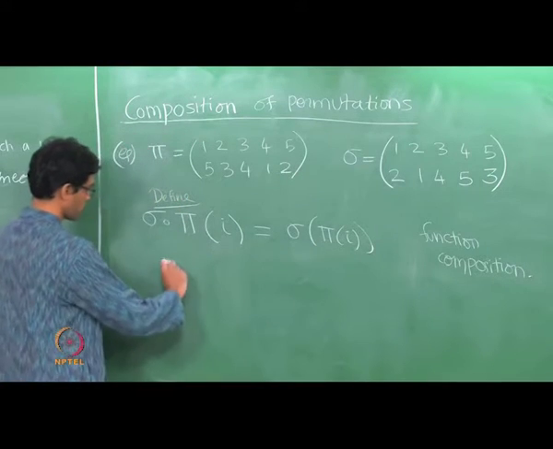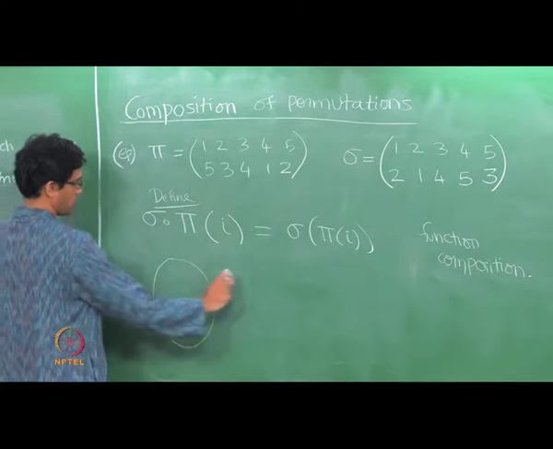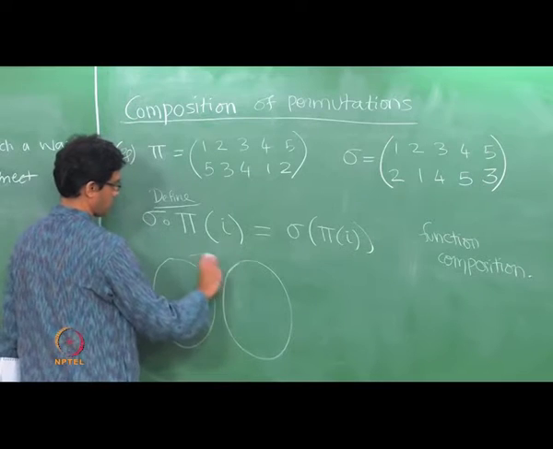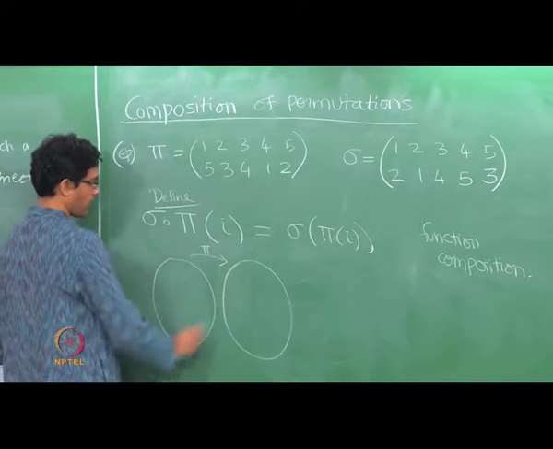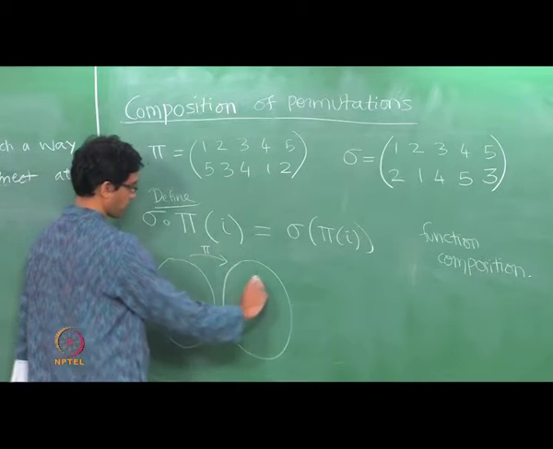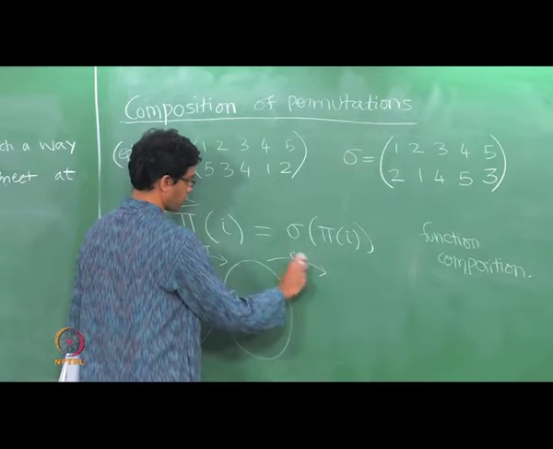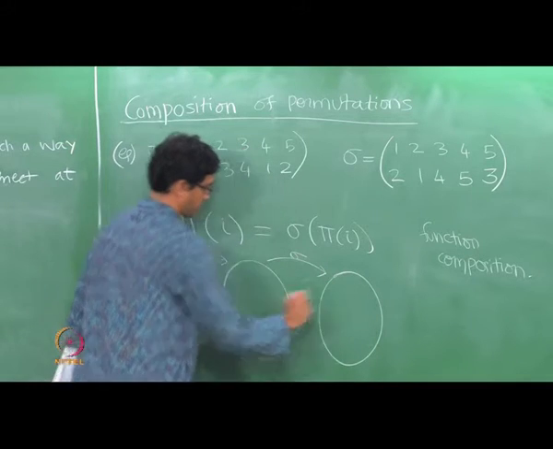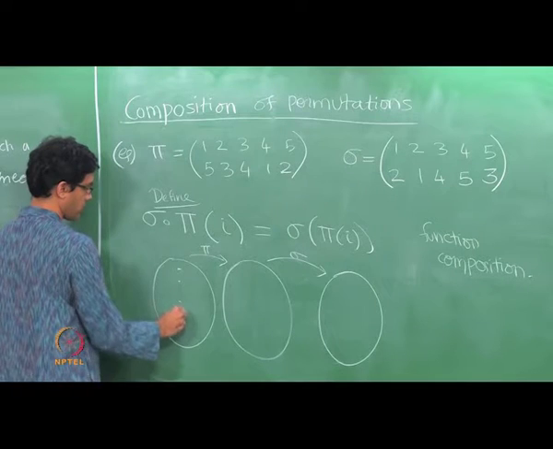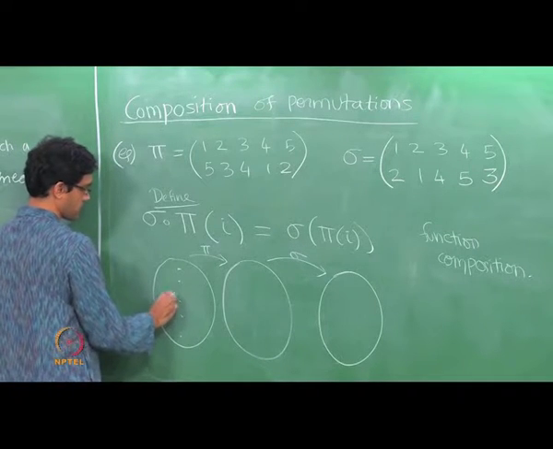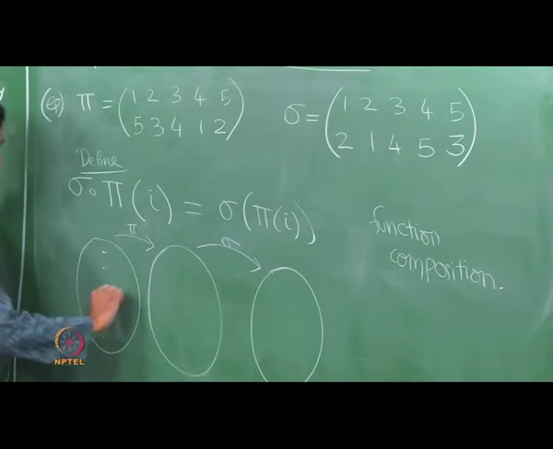Okay, so if you think in terms of functions, so here's the function pi. So you first perform pi, and once you have done something through pi, then you follow it up by sigma. So for instance, I have the numbers 1, 2, 3, 4 and 5. So let's say I have some number I here. I first figure out what pi does to it.